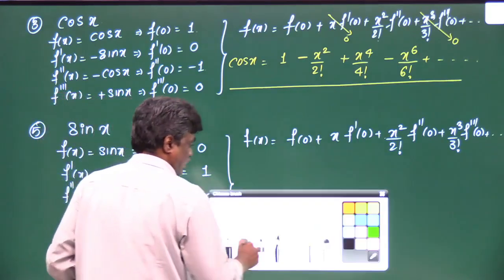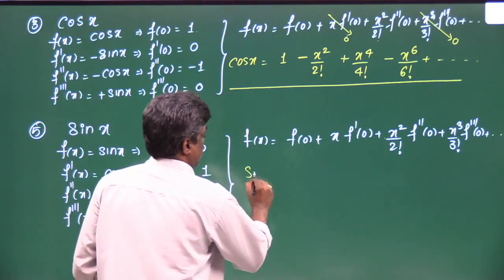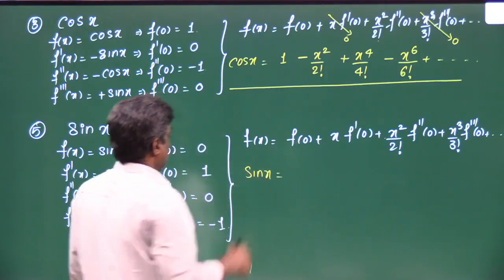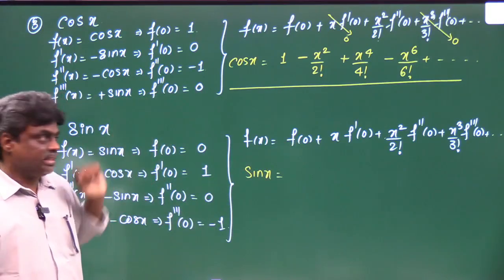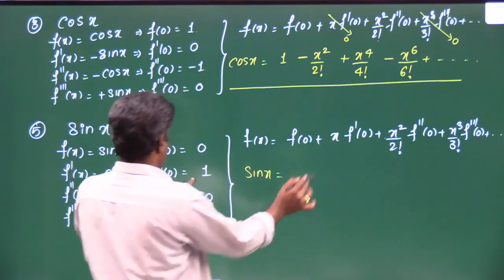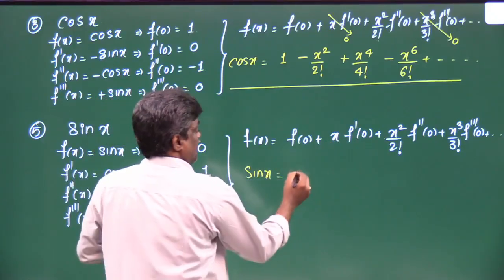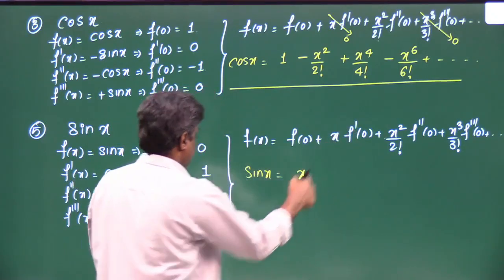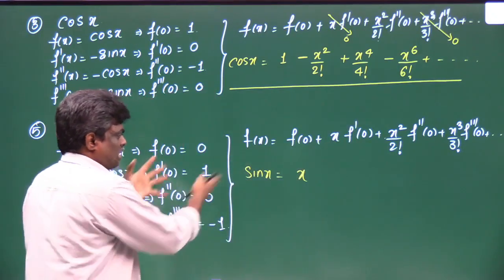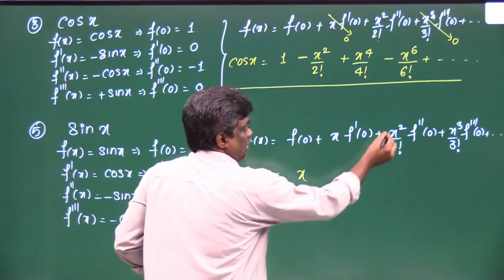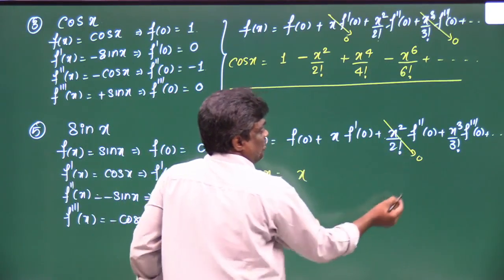So I can say sin x equal to f of 0, which is unfortunately 0, and this is the odd power, so it is x. f dash of 0 is 1, just substitute. And this term is 0.